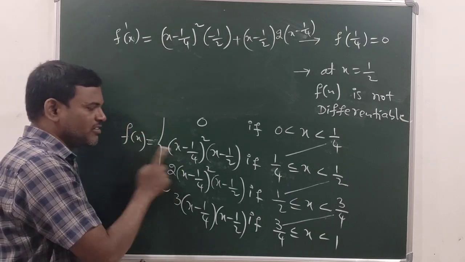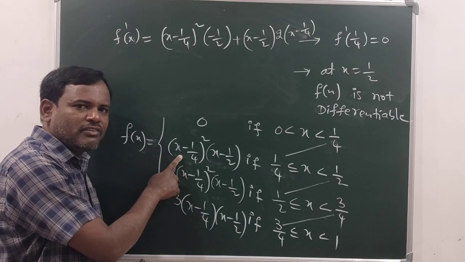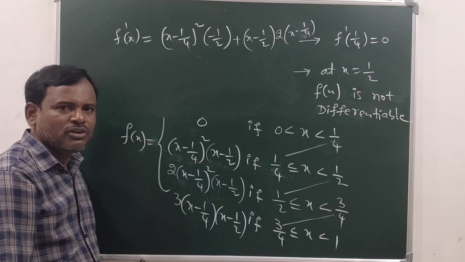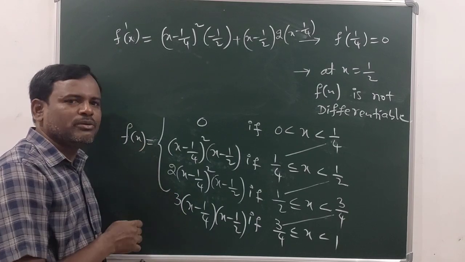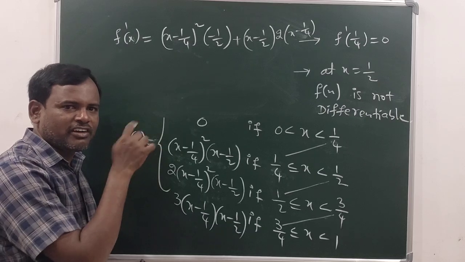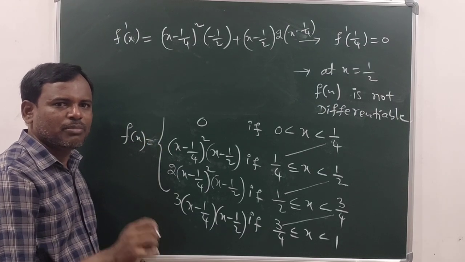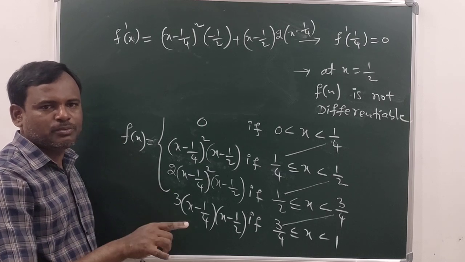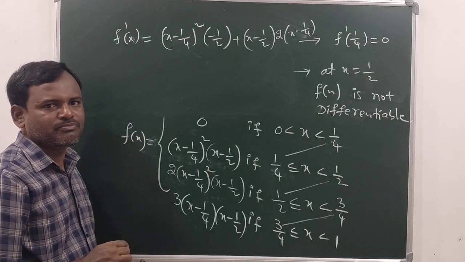First you have to take this interval and do the first derivative and equate it equal to 0. You get the critical values and do the second derivative. Substitute that critical value in the second derivative. At whichever point the second derivative attains a positive value, at that point that function will be minimum.